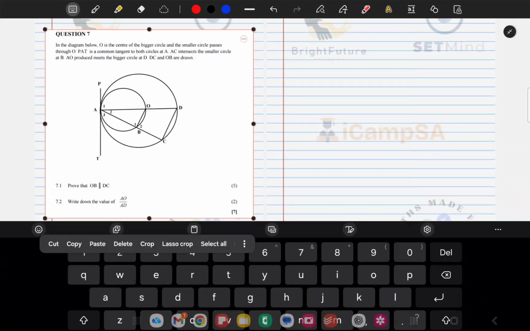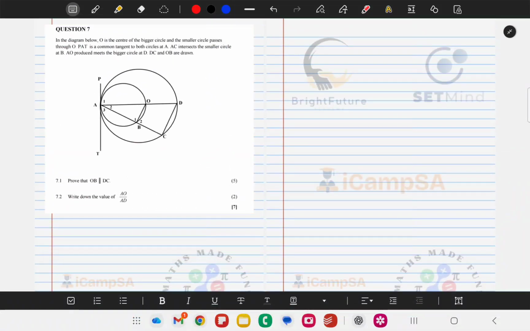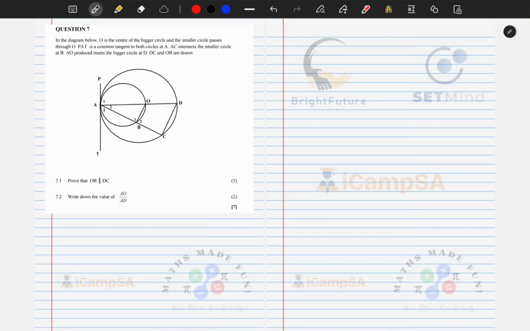So let's just take this up a bit. Great. Now we want to write down the value of OA divided by AD, 7.2. So we want to know OA divided by AD is equal to what? So we go back right here.